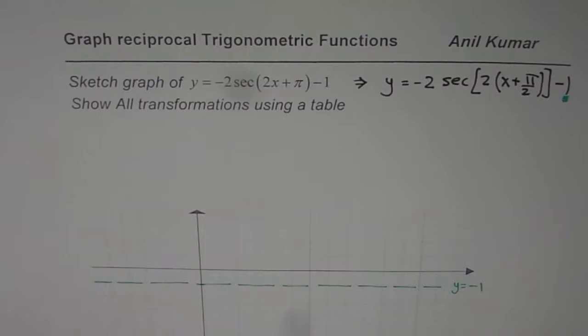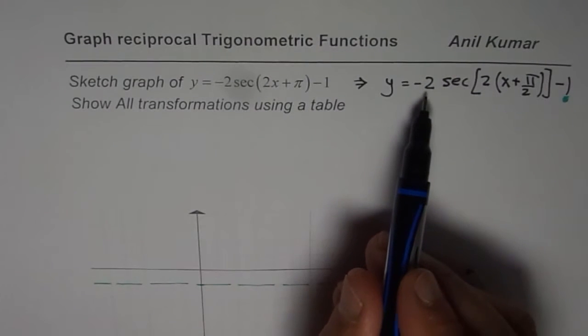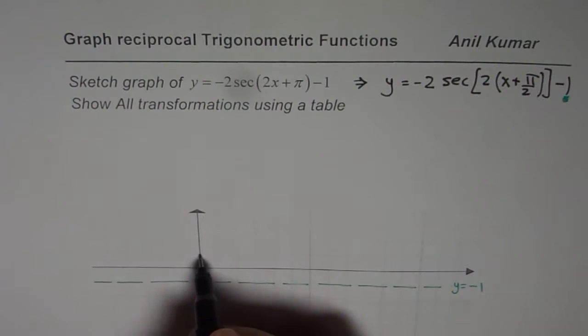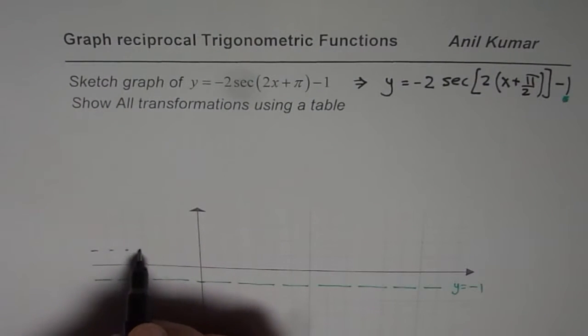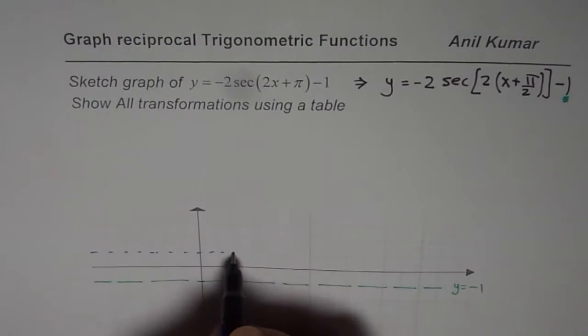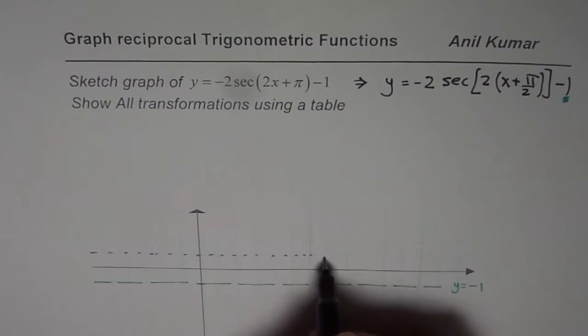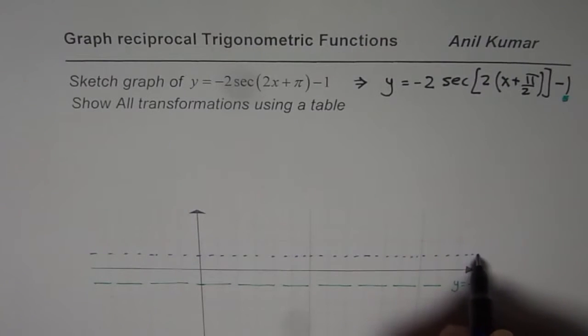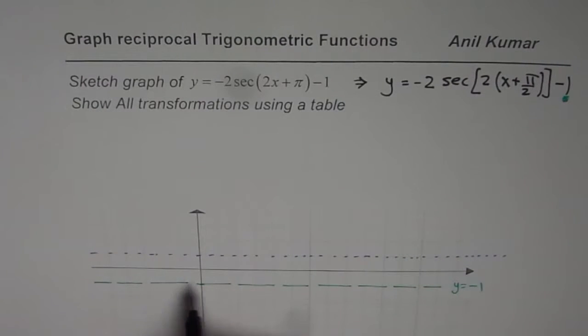Now when we say that the amplitude for us is 2, we'll consider minus as a reflection, but let's say here amplitude is 2. That means the maximum is 2 units above. I'm just sketching a dotted line indicating that my cosine function will have maximum here and the secant function may have a minimum, right?